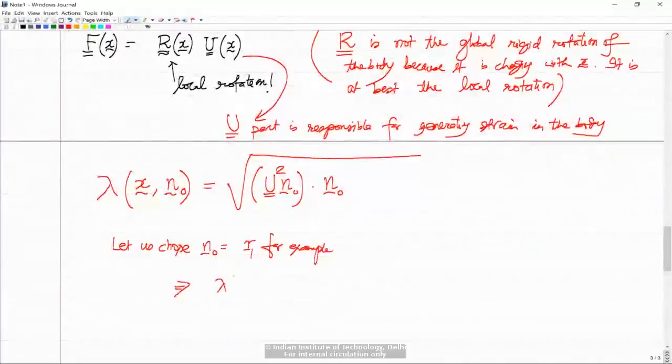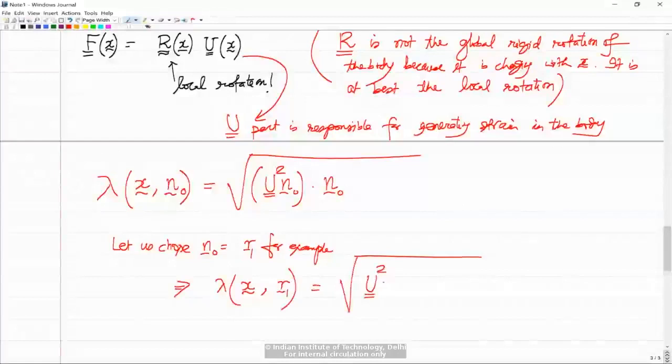So lambda at x, for a line element directed along the eigenvector R1, is equal to square root of U square into R1 dotted with R1. But what will be U square into R1? Anyone? Can you tell me what is U square into R1?